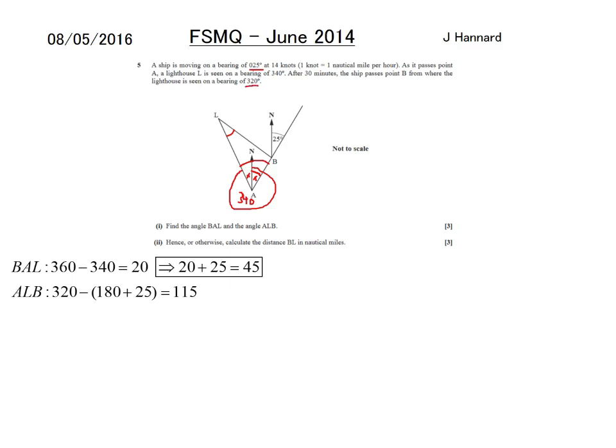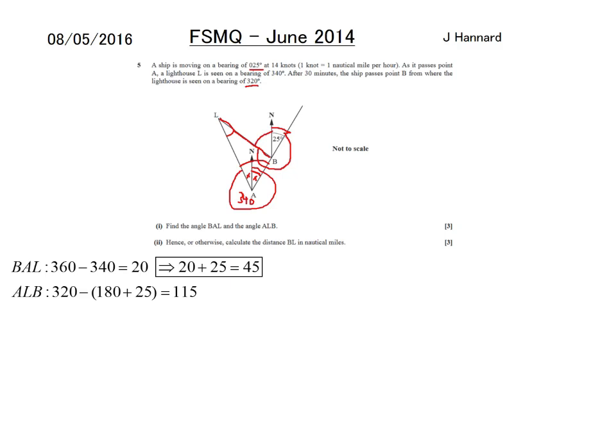So here, the whole angle round there, that is 320 degrees, because it's with respect to L.